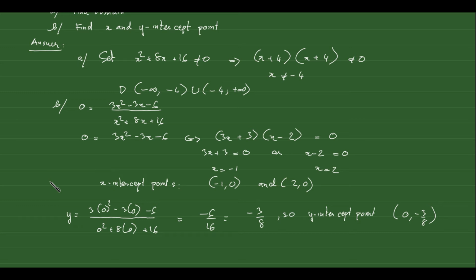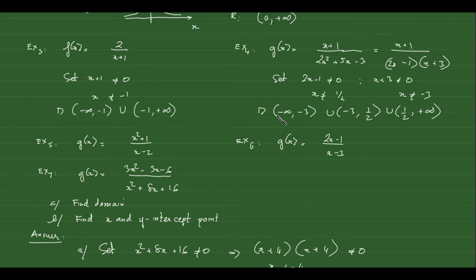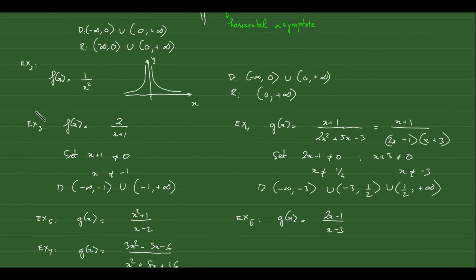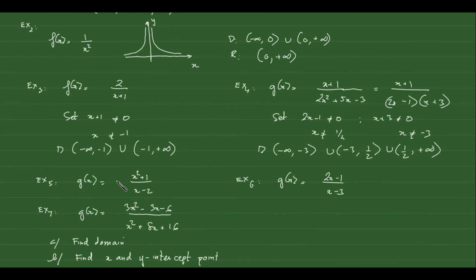Now, if you notice, on the first two examples the rational function always has a vertical asymptote and a horizontal asymptote. But the question is whether or not they have a vertical asymptote and a horizontal asymptote all the time.